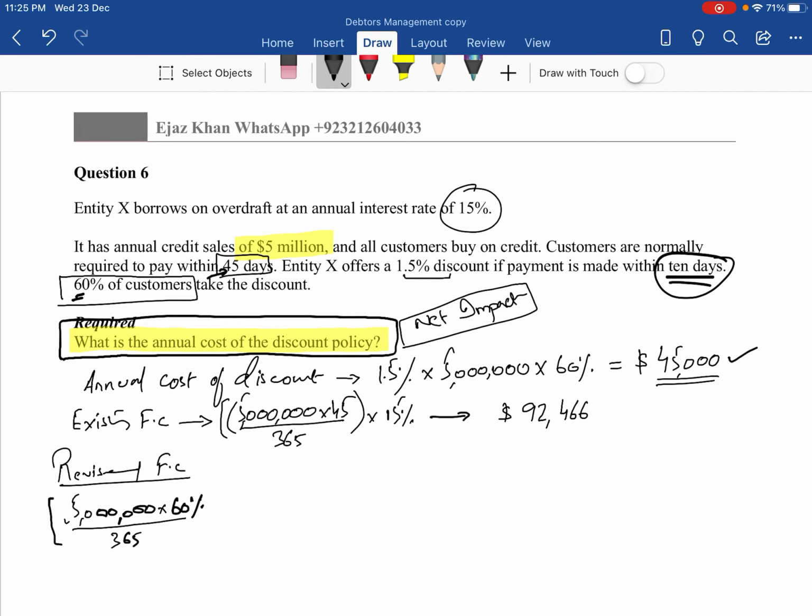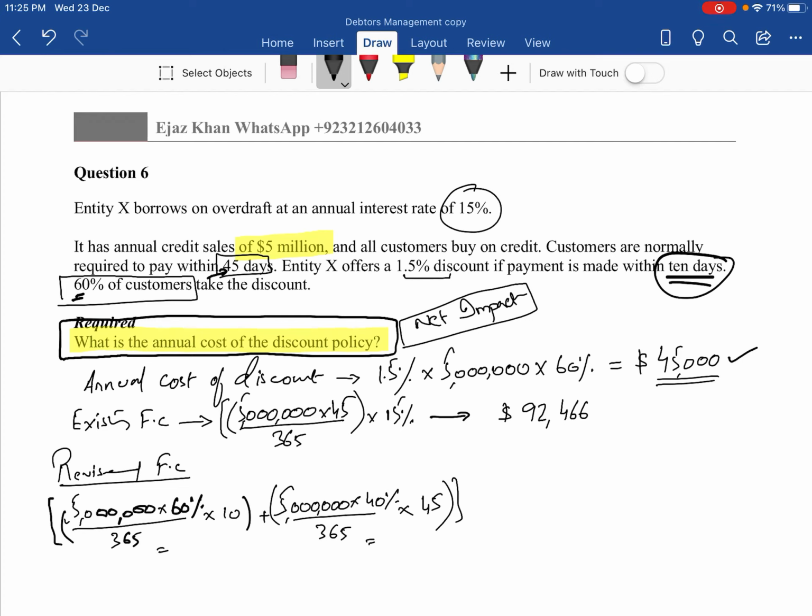So divided by 365 and multiply it by 10 to find out the receivable figure of those who will be paying us within 10 days. The other part of the receivable figure, which is the 40% part of the sales, these will pay us as they have been paying us, that is within 45 days.